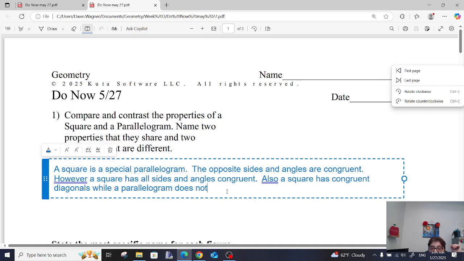Okay, do you see how to answer those questions? Now, they don't have to be exactly the same as what I wrote because you could have chosen different properties. You use the chart that we filled out about the yes and no's, right? Like squares and parallelograms, they're both four-sided figures. Squares and parallelograms all have a sum of angles of 360, right?